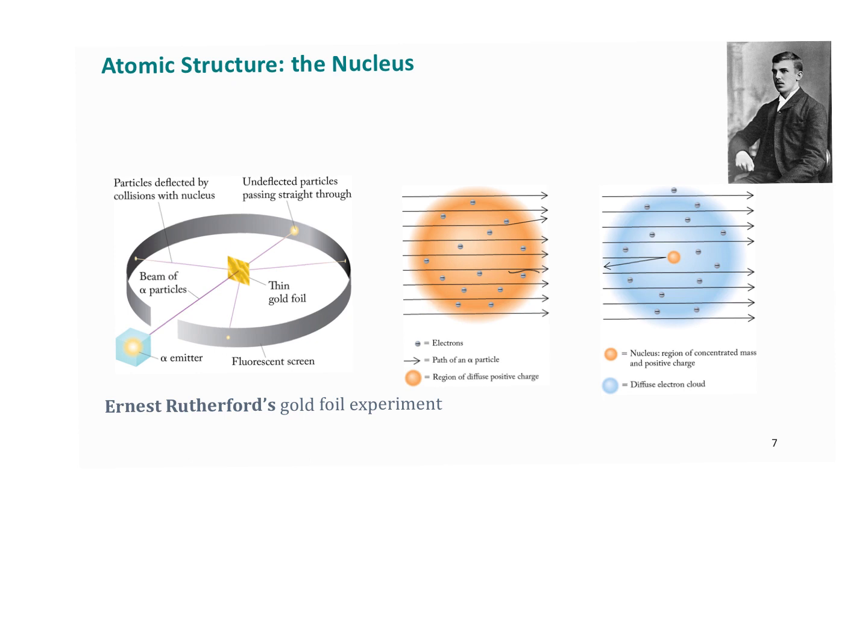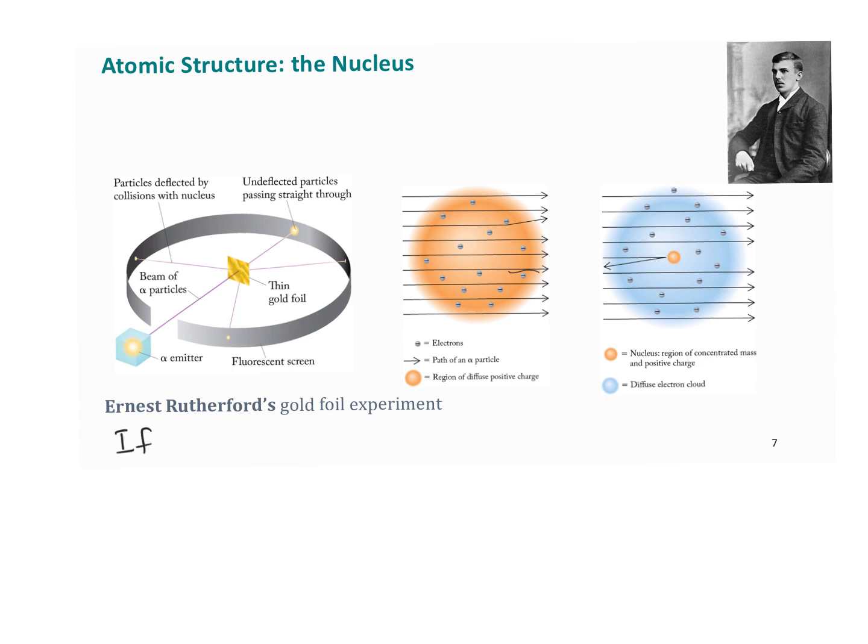What they expected to happen, right, is if the positive charge was very diffuse all the way through here, they would expect that these alpha particles would pass straight through because the alpha particles are charged, right?